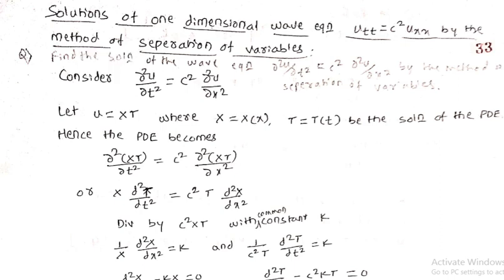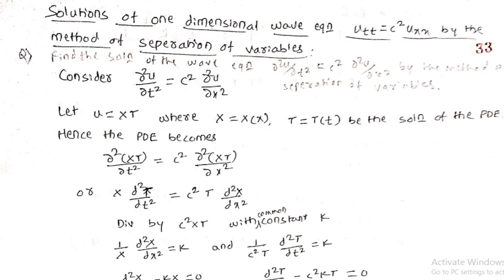Now the next proof is the solution of the one dimensional wave equation, that is dou square u by dou t square is equal to c square dou square u by dou x square, by the method of separation of variables.